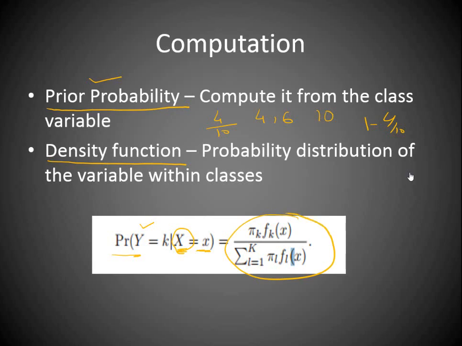Now pi k is nothing but the prior probability of the class. We have got two here, male and female, in this example. And f is the density function that is computed for each of these classes. So we have got the female density function and the male density function. Once you have these values, put them in the formula and you will get the posterior probability.